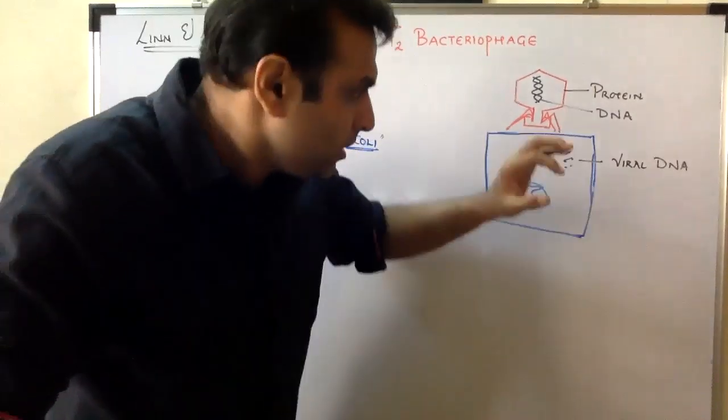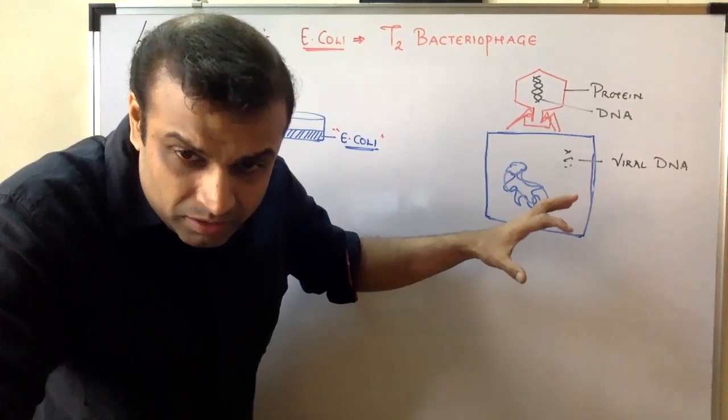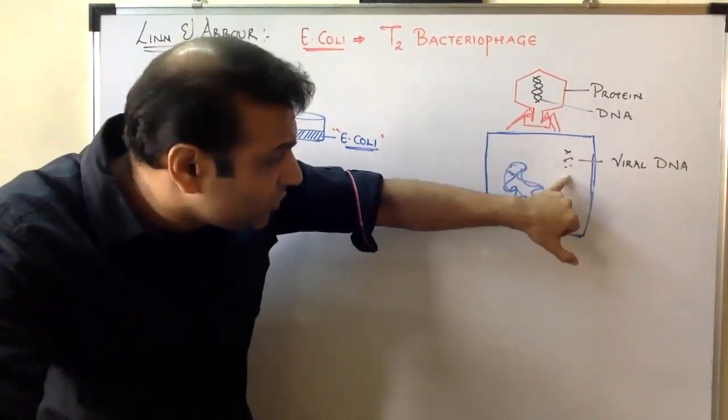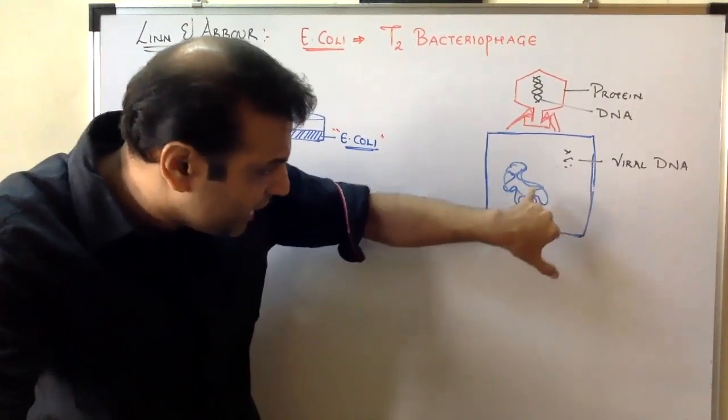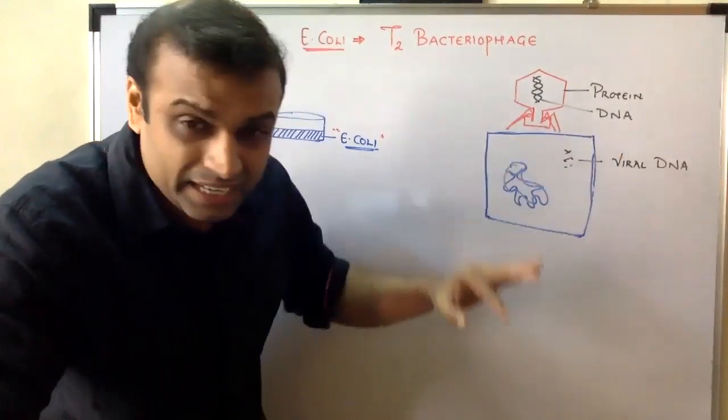I repeat, bacterial cell somehow restricted the entry of viral DNA into its own DNA by cleaving the DNA.